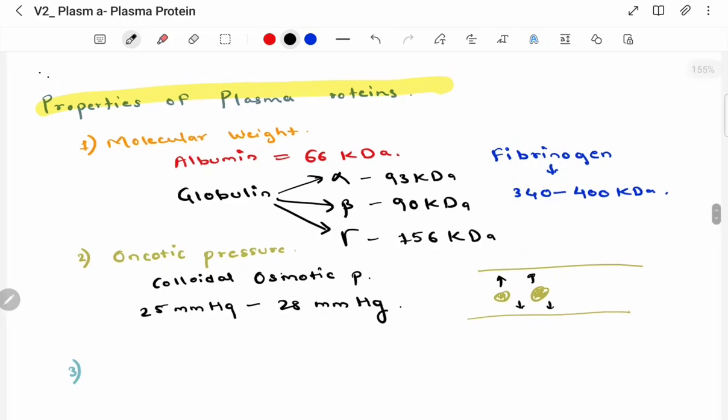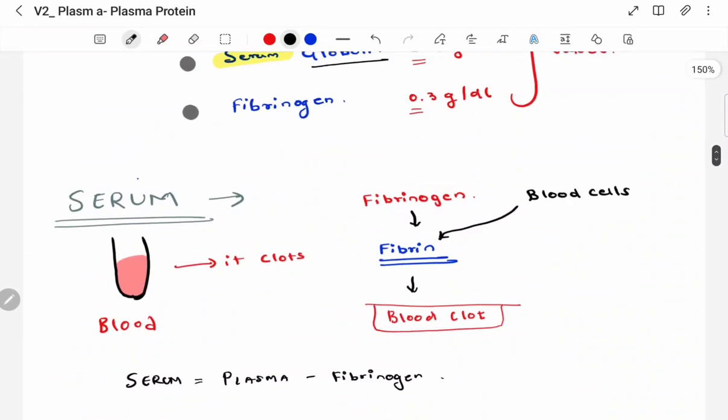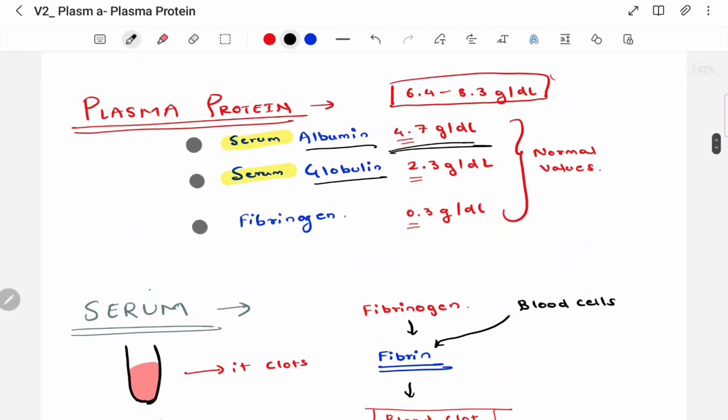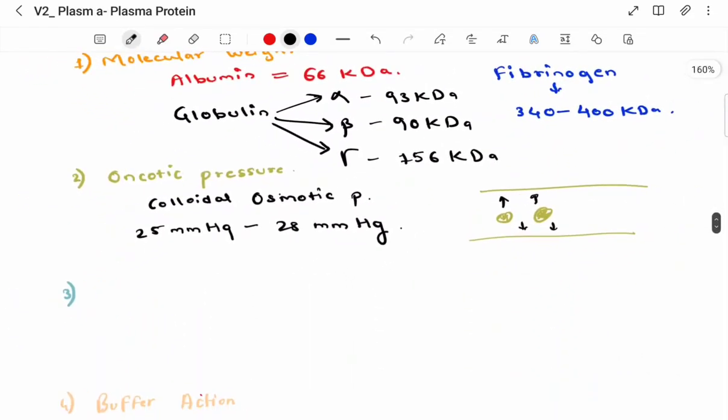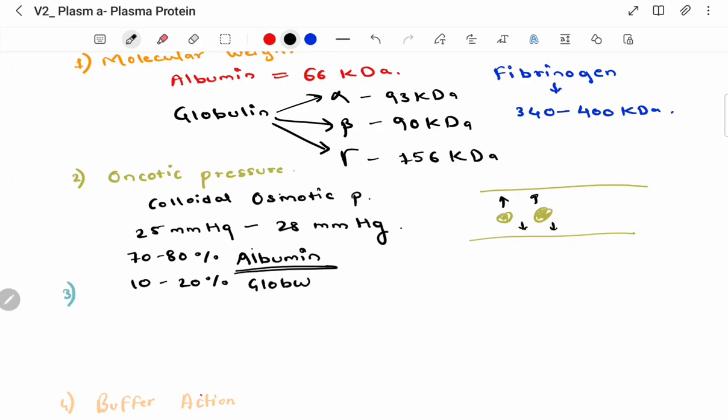As the concentration of albumin is more in plasma, that is 4.7 gram per deciliter, albumin plays a major role in exerting about 70 to 80% of this oncotic pressure. 10 to 20% comes from globulin, and fibrinogen exerts the least pressure among these plasma proteins.